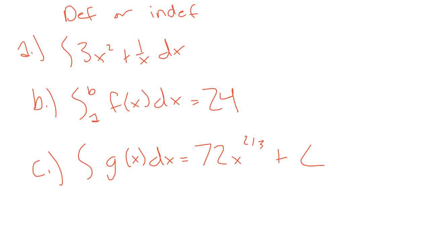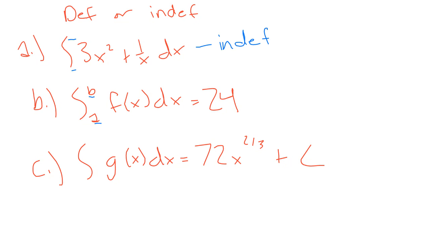So let's look at these criteria real quick. For our first part, we can see that these do not have bounds. So we can't really do anything to solve for a number. Therefore, this one is indefinite. For part B, first of all, we have bounds.